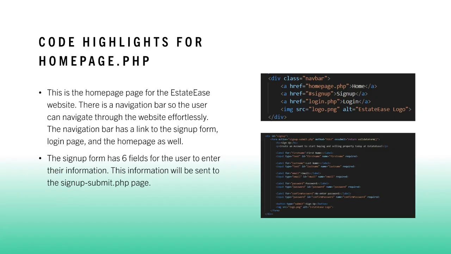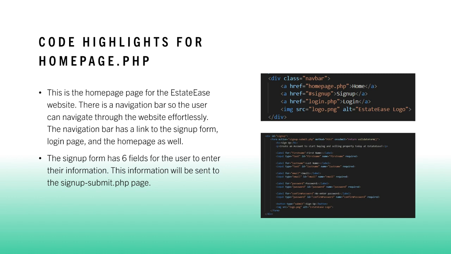I think that's it. Code highlights for homepage.php, the homepage of the website. This is the homepage of the EstateEse website. There's a navigation bar so the user can navigate through the website easily. The navigation bar has a link to the sign up form, login page, and home page as well.